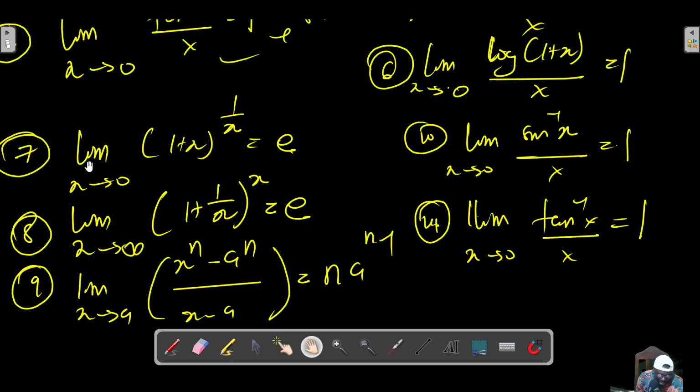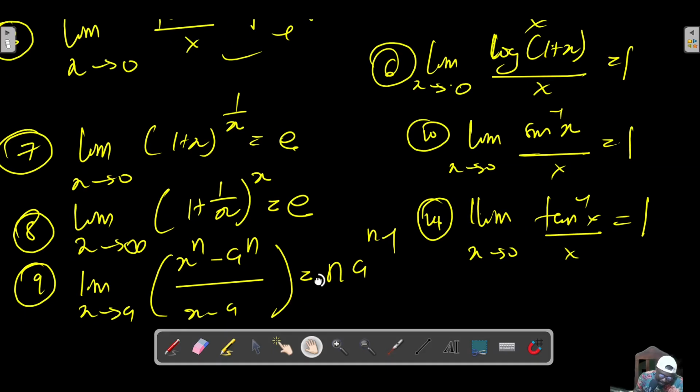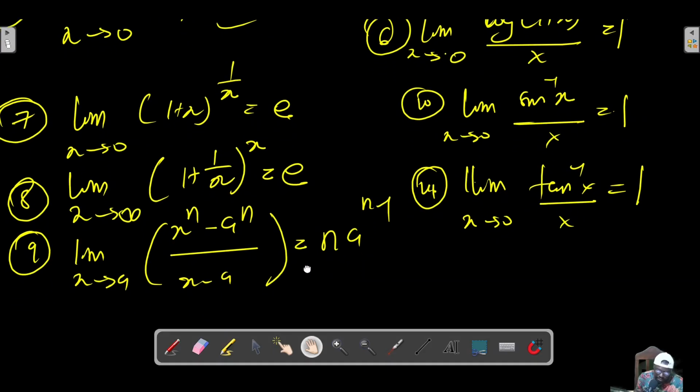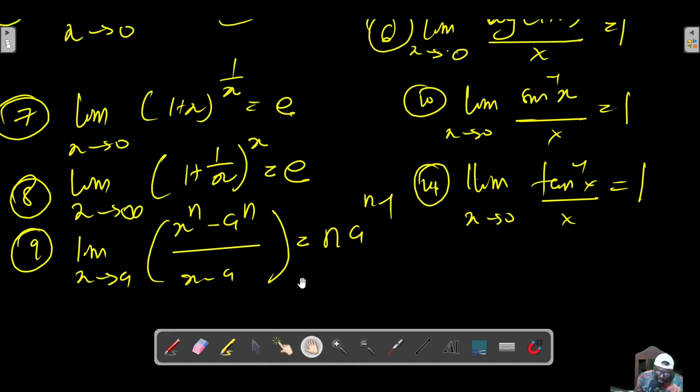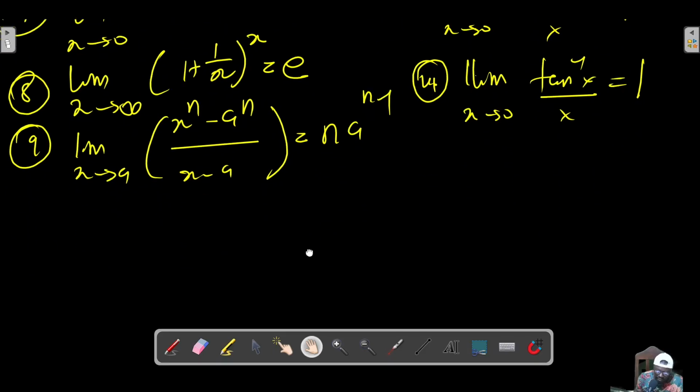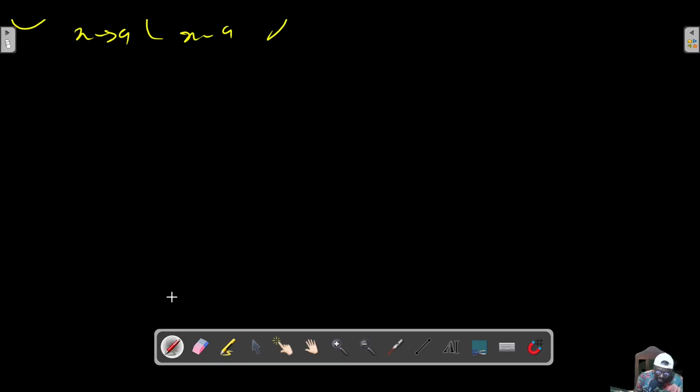So let us start with some of the problems. Let's say you have the limit as x approaches 0 of sine 5x divided by x.